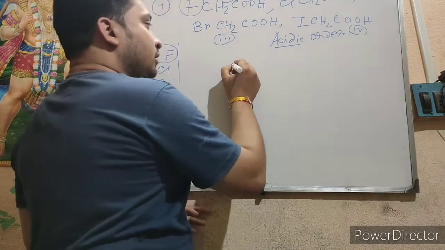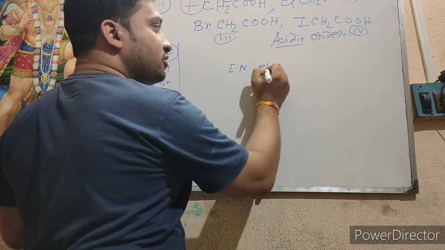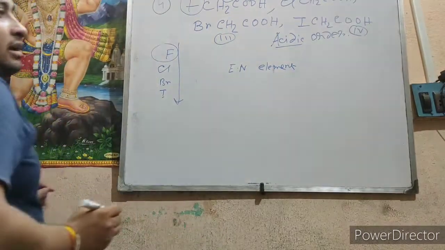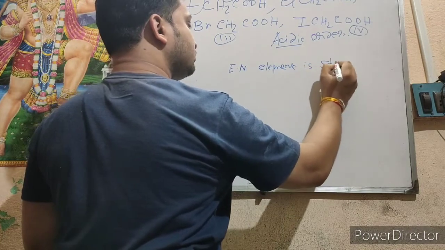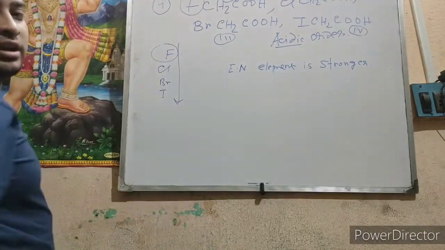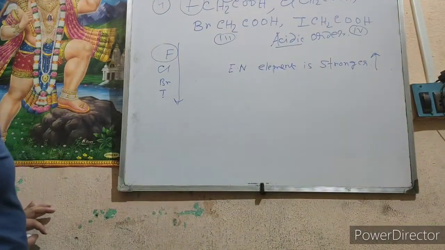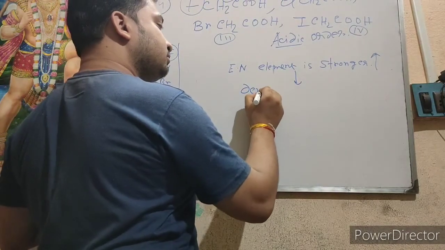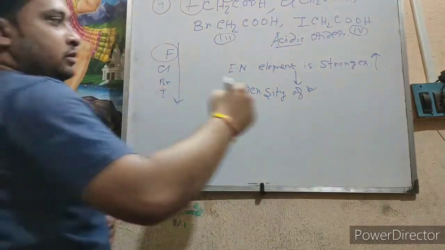So you can write this: if the electronegative element is stronger, fluorine is stronger, so if electronegativity is stronger, the density of electron decreases.